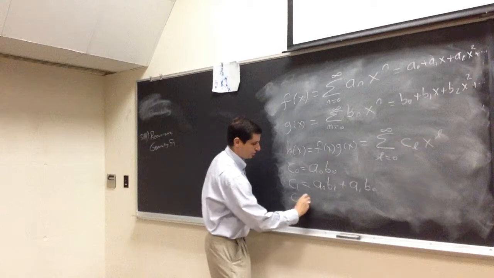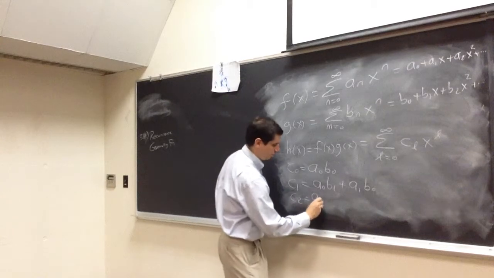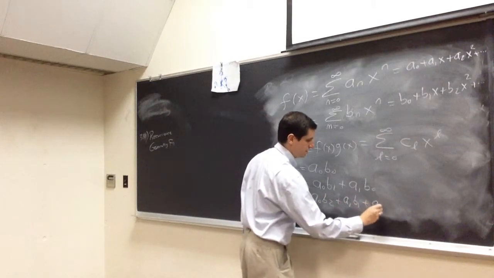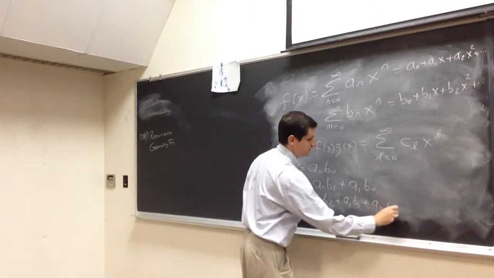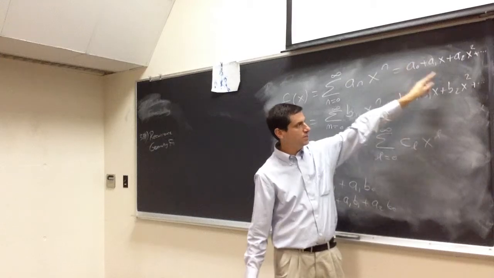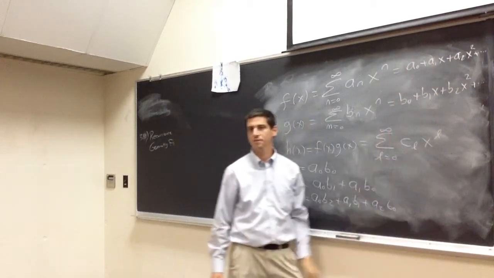What about c2? It will be a0 b2 plus a1 b1 plus a2 b0. If I want to get an x squared term, I could have a constant term here and an x squared here, I could have two x's, or I could have an x squared and a constant.